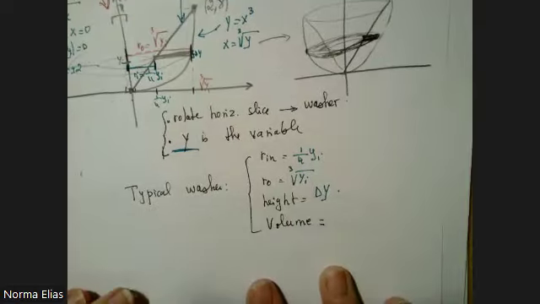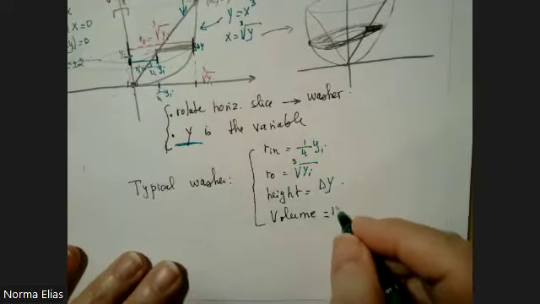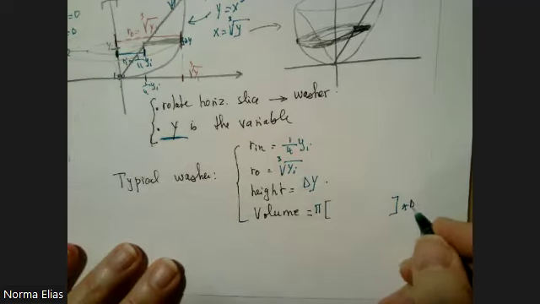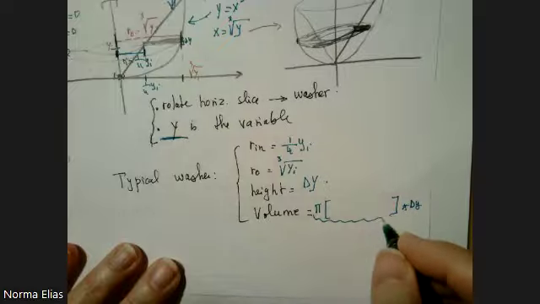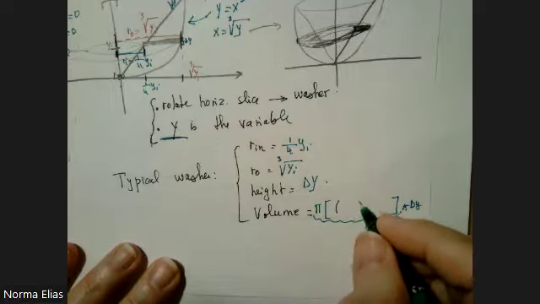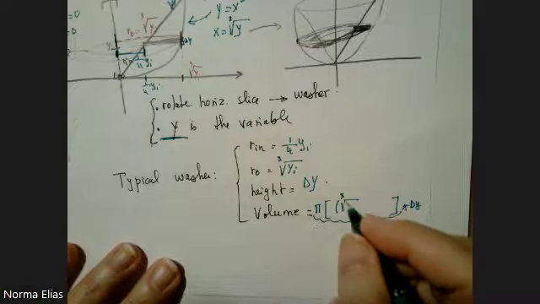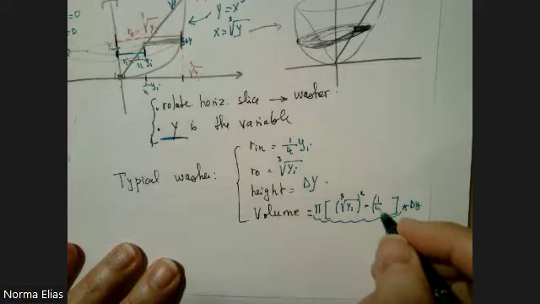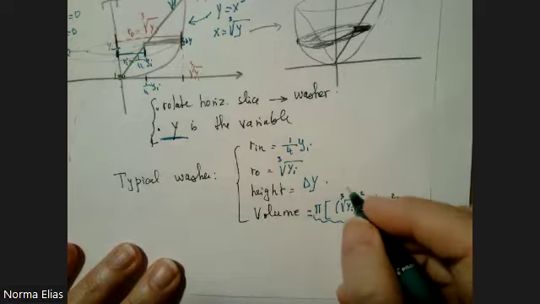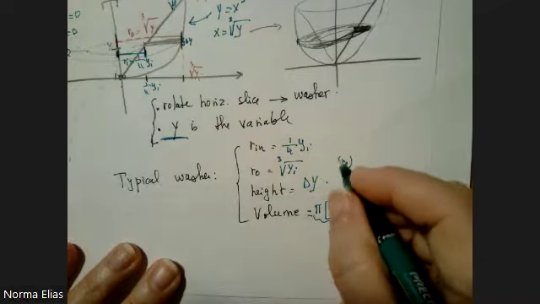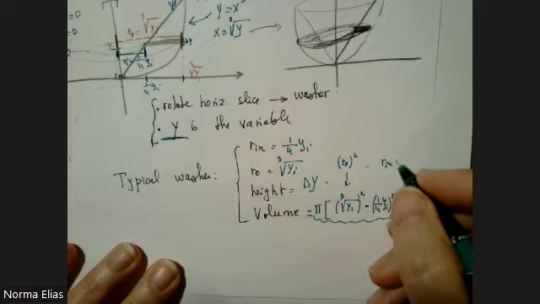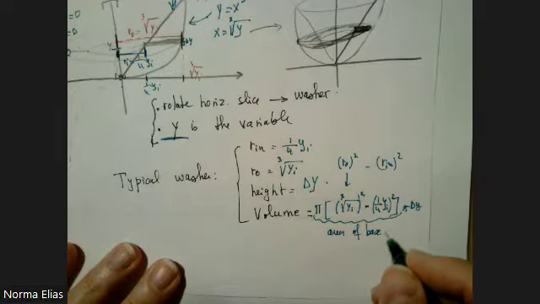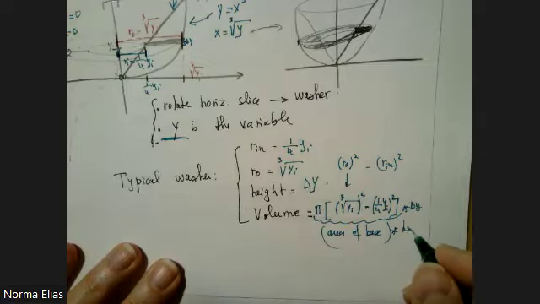That's the delta Y. So the volume of a typical washer is going to be pi times the area of the base, which is the outer radius squared minus the inner radius squared, times the height, the delta Y.